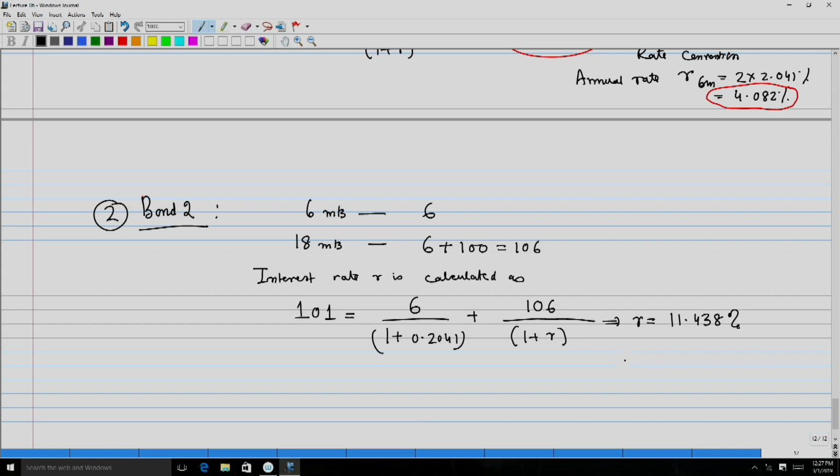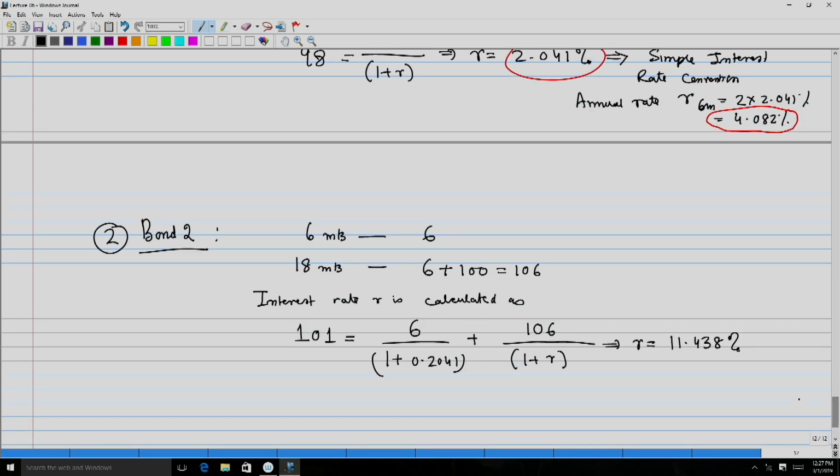11.438%. So, you make use of the simple interest rate convention. And so, we basically get the annual rate: remember the 11.438% that we have figured out here is the interest rate applicable for 18 months. So, accordingly, the annual rate can be obtained by scaling it down to 12 months or 1 year.